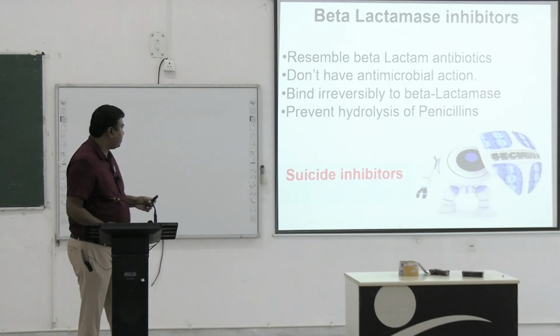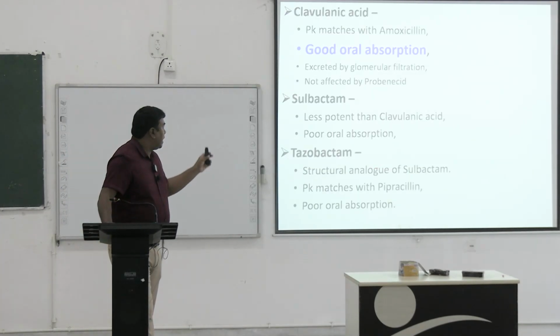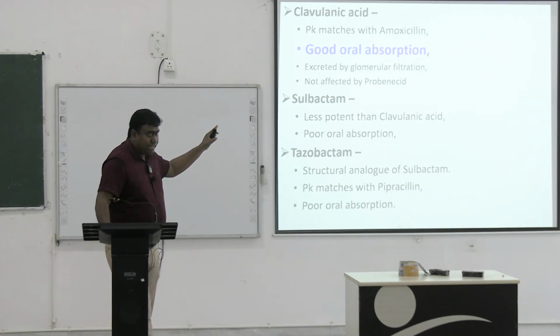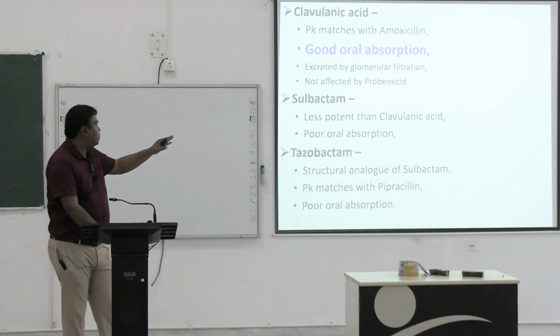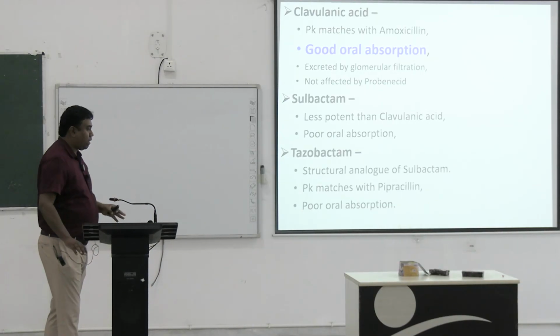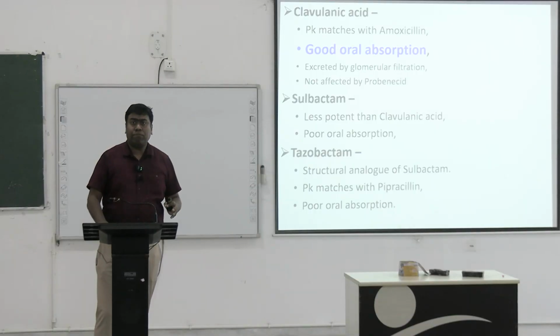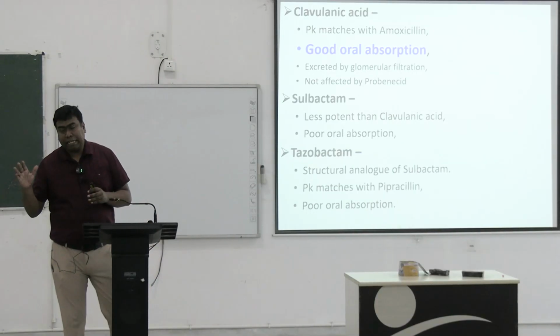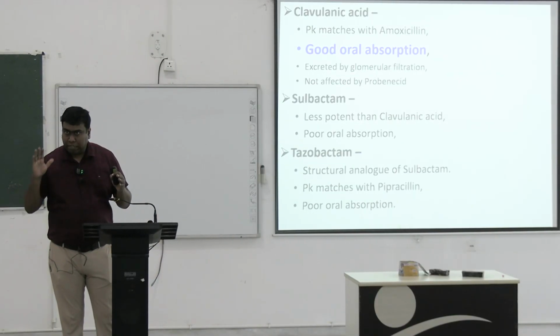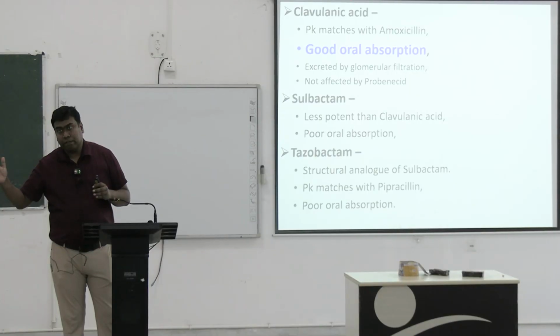So there are Clavulanic acid, which has good oral absorption, Sulbactam and Tazobactam. They are given along with beta-lactam antibiotics.